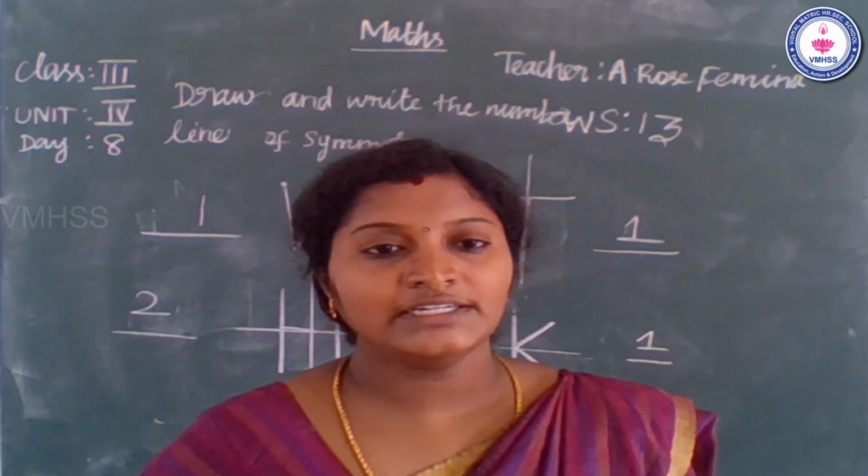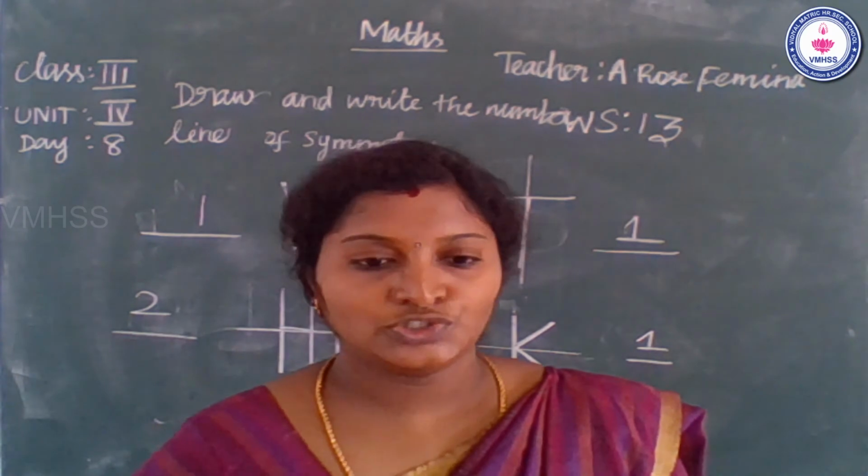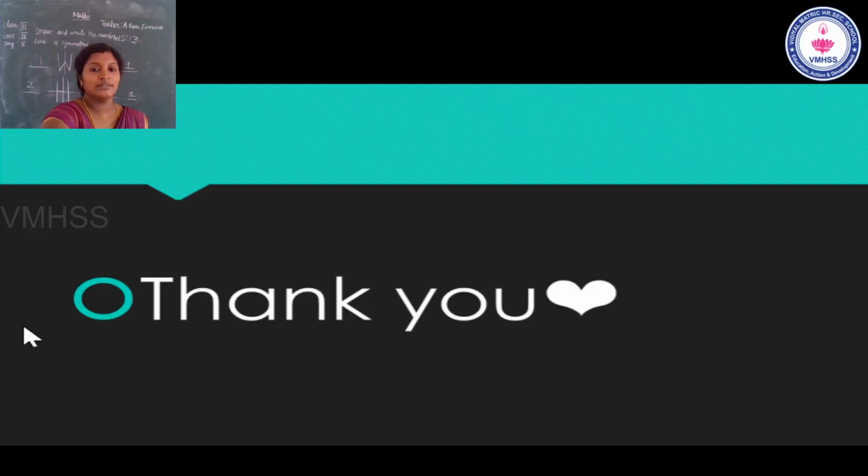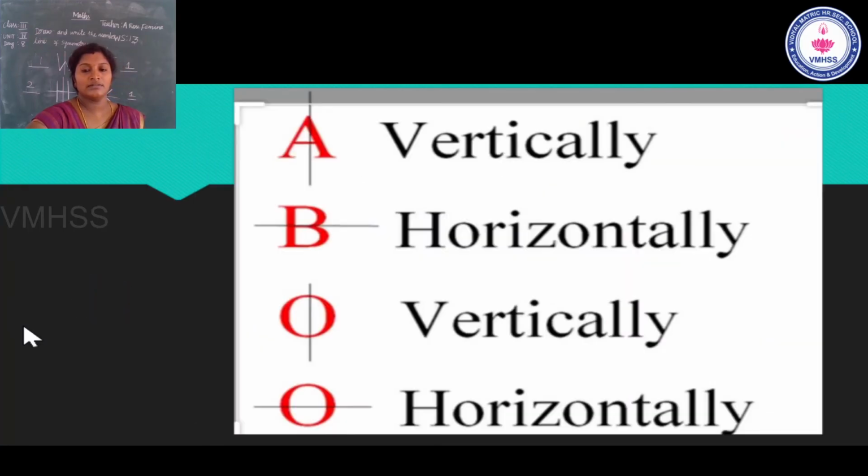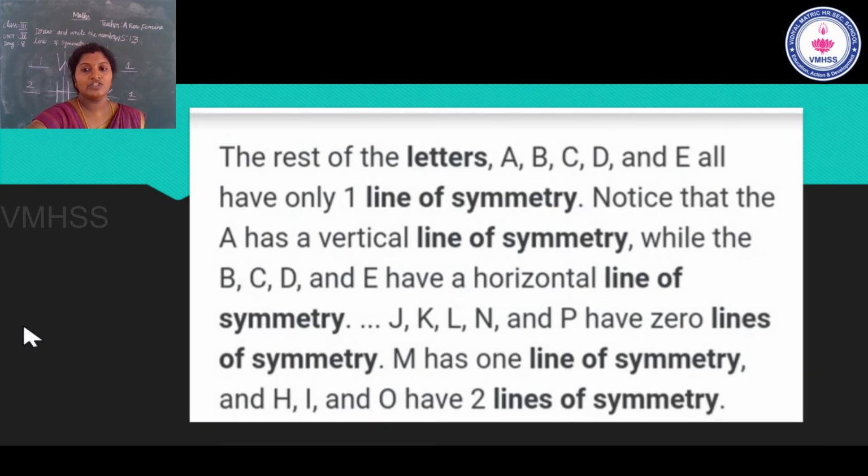What did we learn in today's topic? Today we learned symmetric letters. What is the main topic? The letters A, B, C, D and E all have only one line of symmetry.